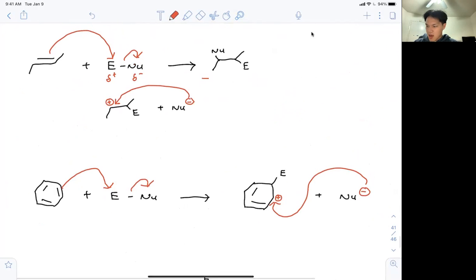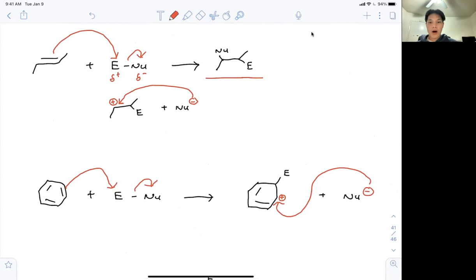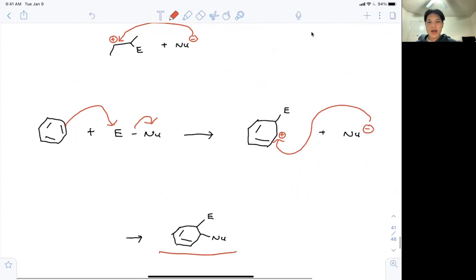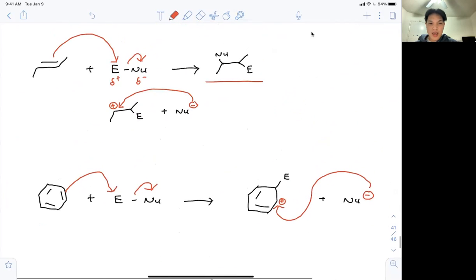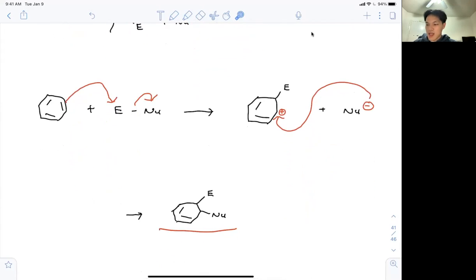It's the exact same. We're getting the same compound where the double bond is now not a double bond anymore, right? But in this case, this reaction is very favorable, right? And favorable reactions happen very quick. But in this case, it's not favorable.